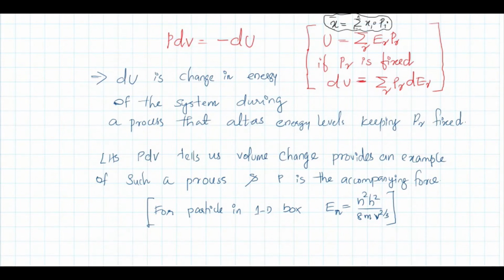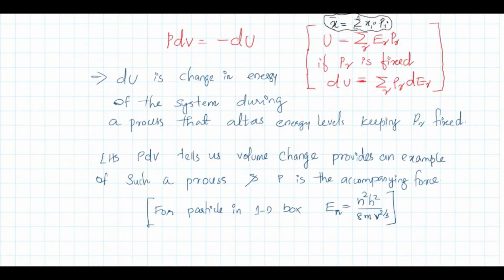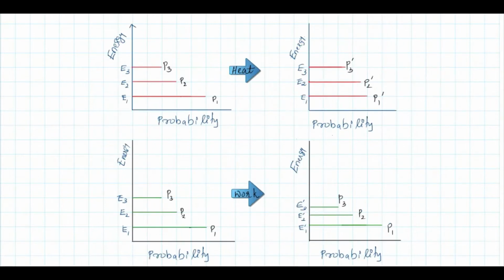For this to happen, there should be some force, and P represents that force. We introduced P as a purely thermodynamic quantity. Now it has a mechanical meaning as well. Now I will make this point clearer.